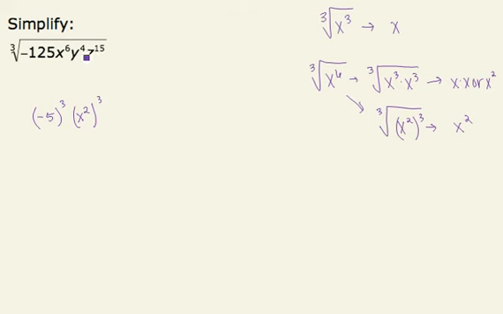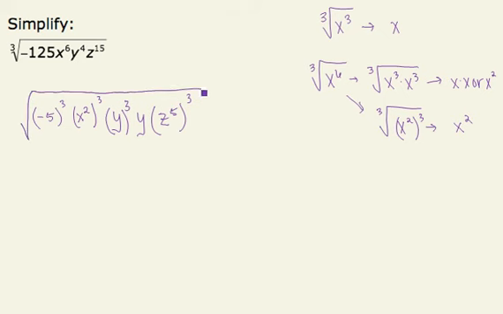Well, this one's a little bit more difficult. Looking at my first example, I could look at this as a y cubed. But if I have 3 of them here and I need 4, I'm going to have an extra y. And finally, z to the 15th, dividing that by 3, I have z to the 5th power, again, cubed.